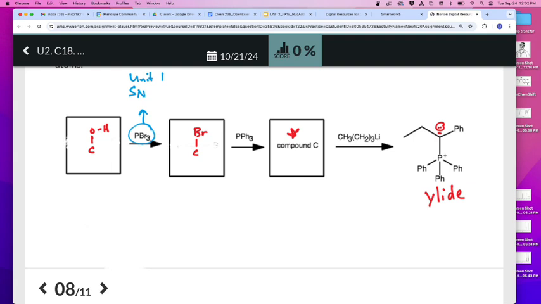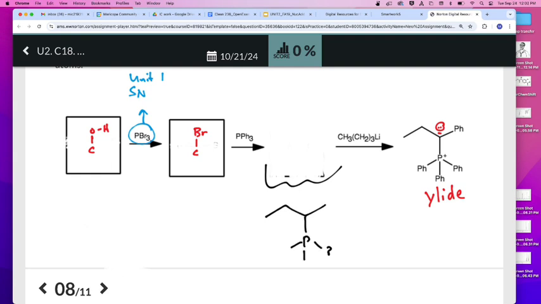So if I went backwards to this compound C, that is way too small of a box. I'm not even going to try to do that. Okay. There could be a bond here connected to, I don't know, something. But in that something, what happens? The carbon takes the electrons.